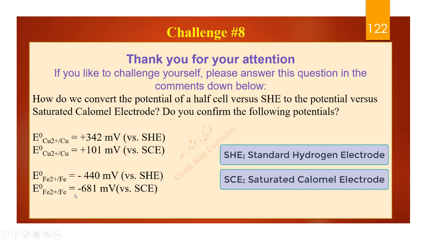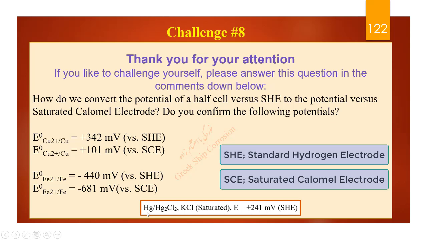E0 Fe2+/Fe equals negative 681 millivolts versus saturated calomel electrode. The potential of mercury chloride in saturated potassium chloride equals positive 241 millivolts versus standard hydrogen electrode.